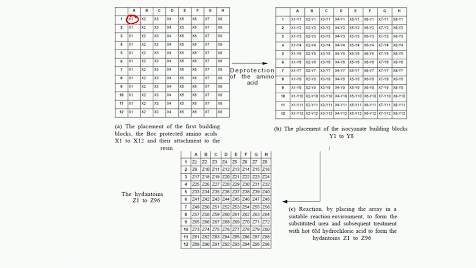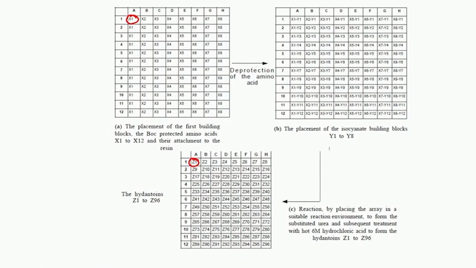Ultimately, in the final product, which is represented by Z1, Z1 is basically a combination of X1 and Y1. It is a 2-step process.